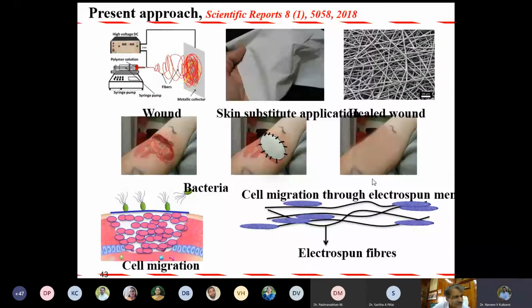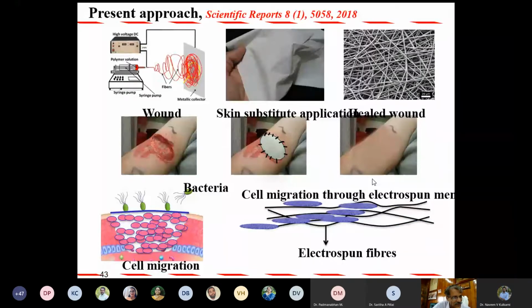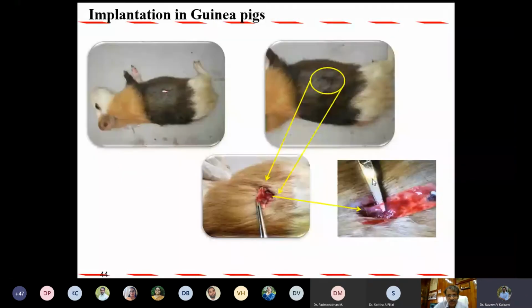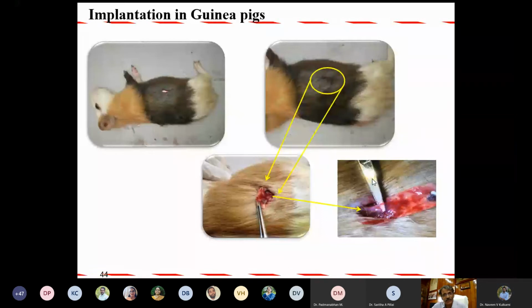You can see the cell migration, cell proliferation, angiogenesis taking place. We also work with guinea pigs. We work with animals with a hospital nearby, thanks to Pushpagiri Medical College, we do a lot of animal work.